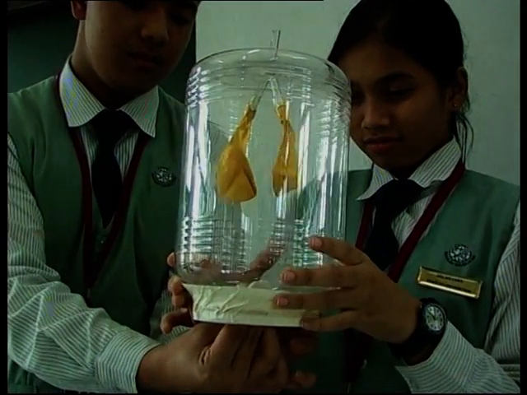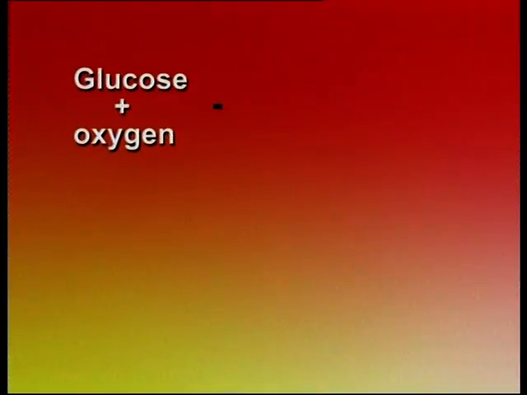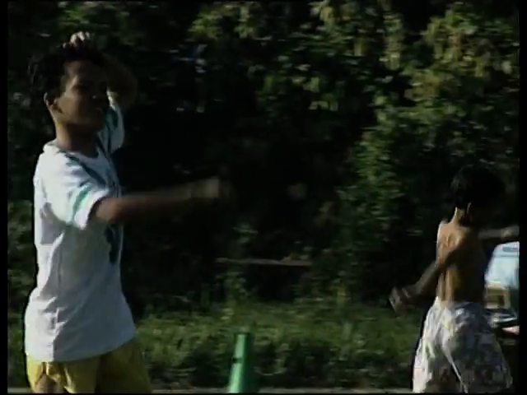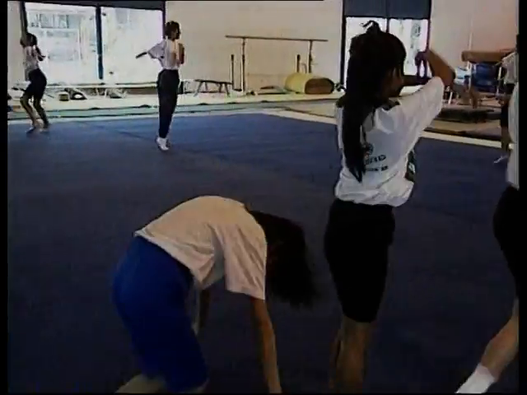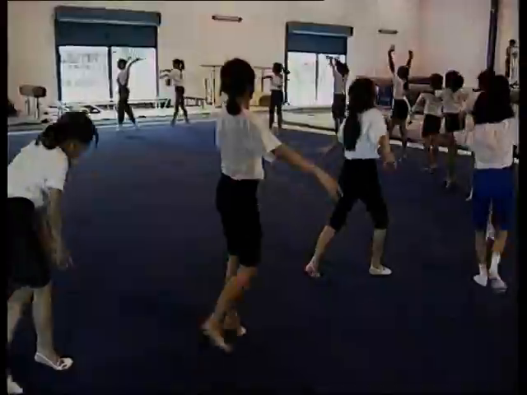We will also learn that oxygen is required to oxidize food or glucose to release energy, carbon dioxide, and water. Therefore, it is important for us to understand how oxygen is transported in the human body and to realize the importance of maintaining a healthy lifestyle.